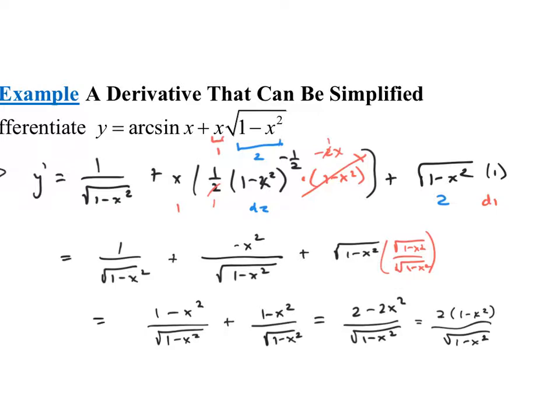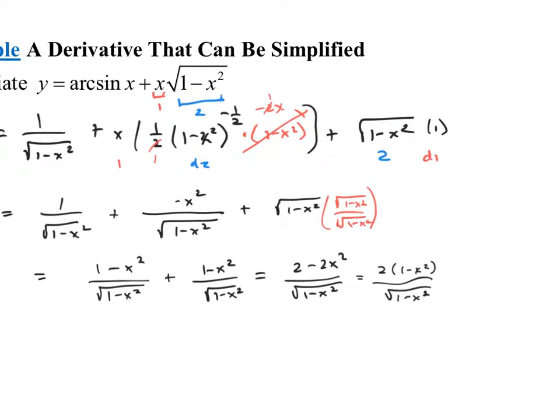And then you could technically simplify this and say the square root of 1 minus x squared on bottom and the 1 minus x squared on top would simplify into the square root of 1 minus x squared on top and a 1 on bottom. So this would be 2 times the square root of 1 minus x squared. Wow.